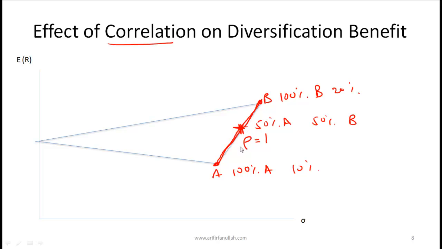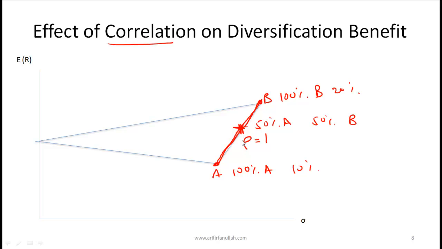But the point here is that as we change the weightage, we are not getting any diversification benefit, because as the weightage of the higher risk and higher return stock B is increasing, the riskiness is also increasing. So we are getting a higher expected return, but at the cost of higher risk. So there is no diversification benefit.